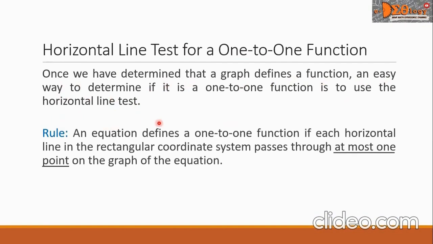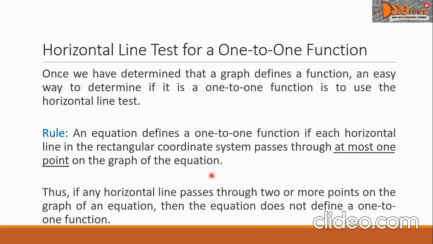An equation defines a one-to-one function if each horizontal line in the rectangular coordinate system passes through at most one point on the graph of the equation. Thus, if any horizontal line passes through two or more points on the graph of an equation, then the equation does not define a one-to-one function.